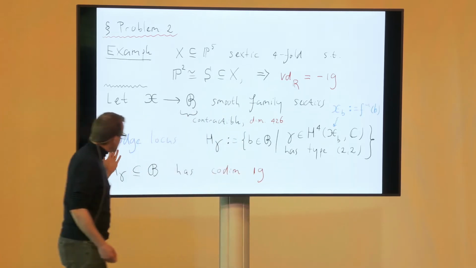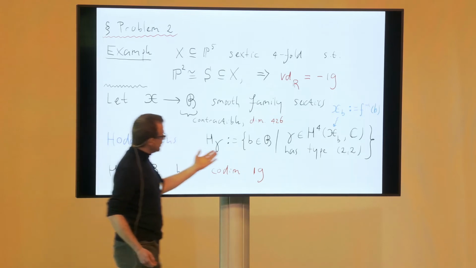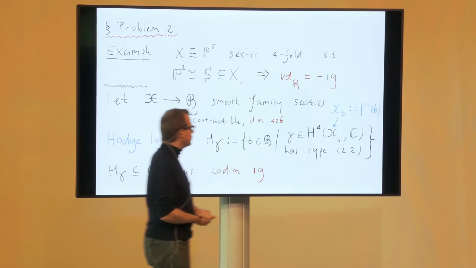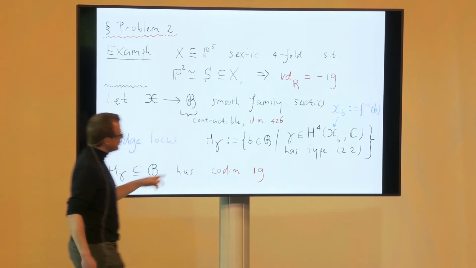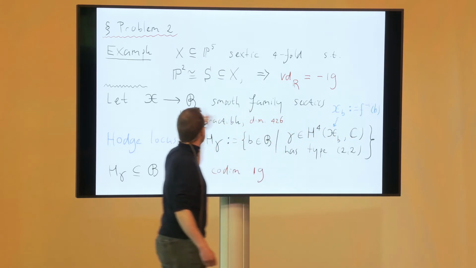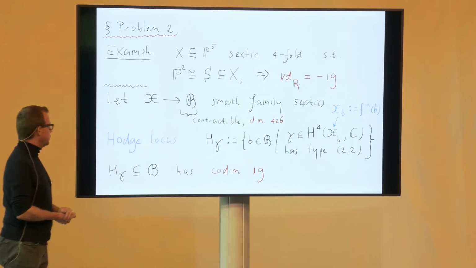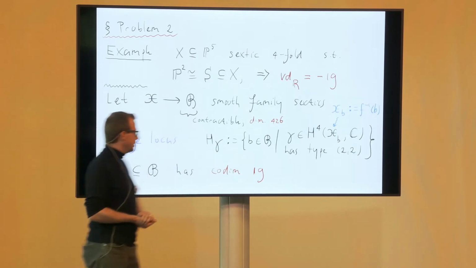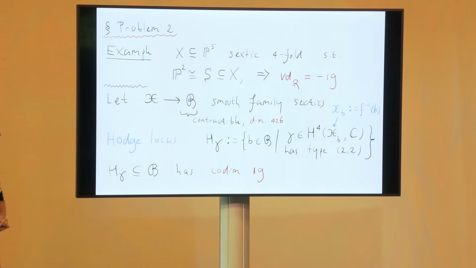In fact, the definition of the Hodge locus is the locus in the base where gamma maintains Hodge type (2,2). So this is the locus of interest. I'll always be denoting by X_B the fiber over a point B in the base. Then the Hodge locus inside of this base also has codimension 19.